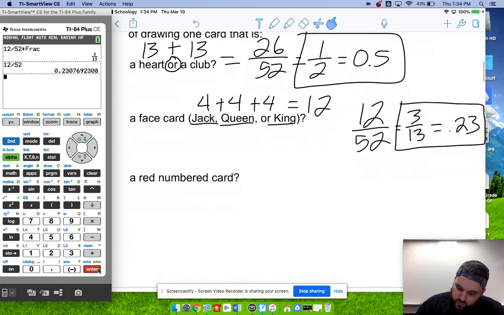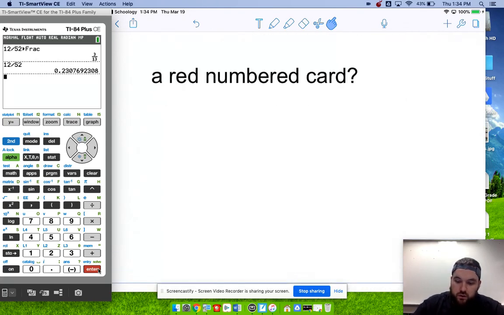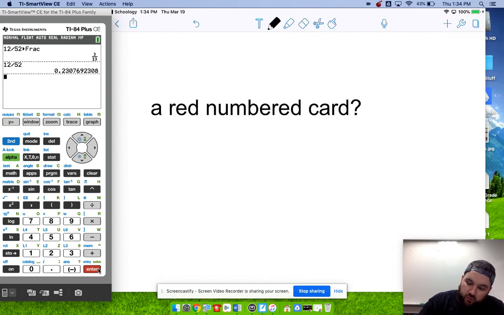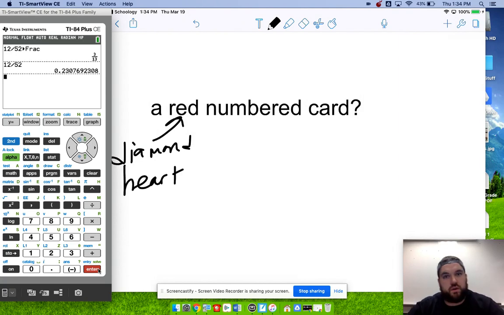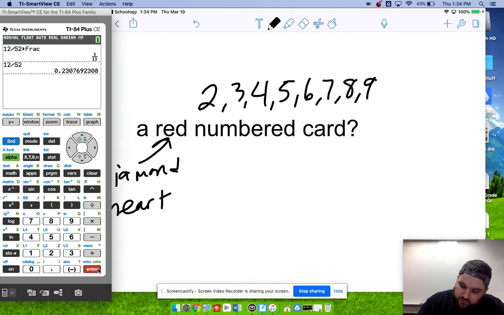And finally, what's the probability that it is a red numbered card? A couple things going on here. Red means that it's either a diamond or a heart. So there are 2 different types of red cards. And then numbered means that it has a physical number on it. So 2, 3, 4, 5, 6, 7, 8, 9, 10.